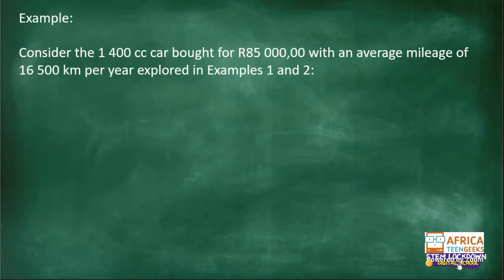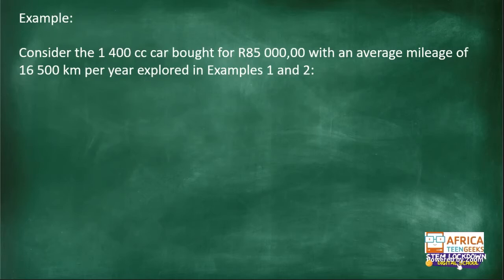Consider the same car, 1,400 engine capacity, which was bought for 85,000 rands with an average mileage of 16,500 kilometers per year. So we're going to explore this already, which is explored in examples 1 and 2.